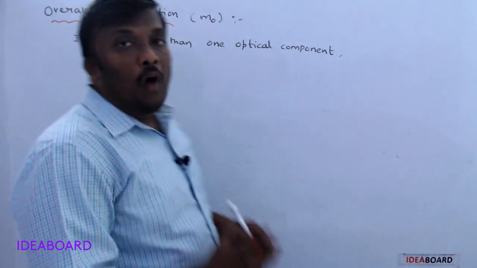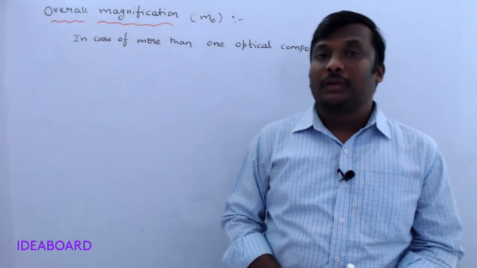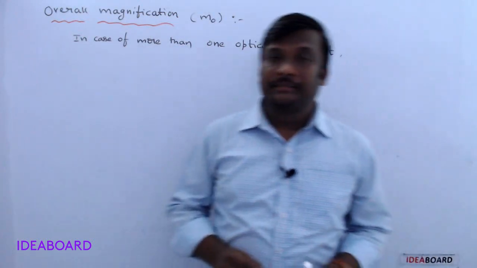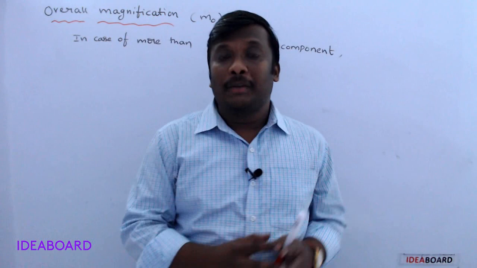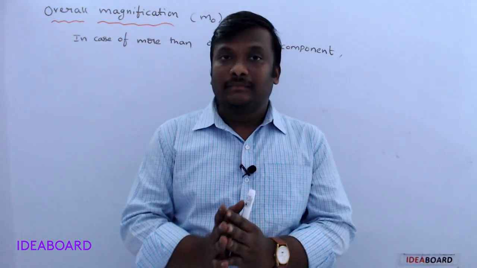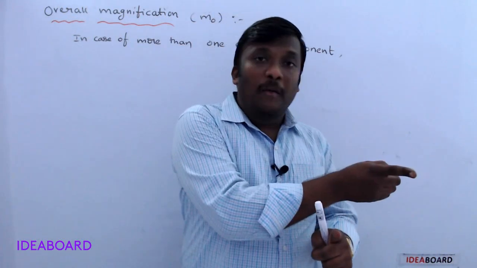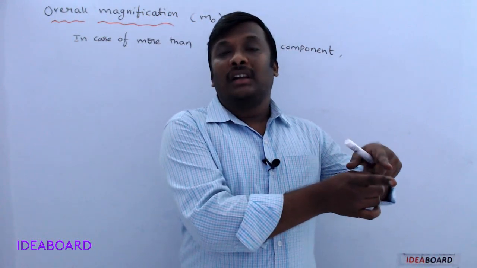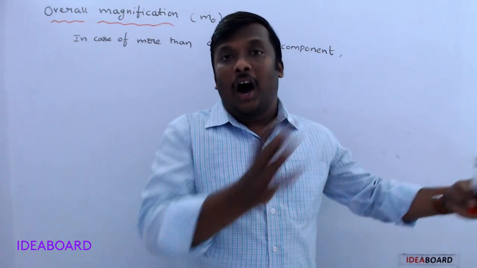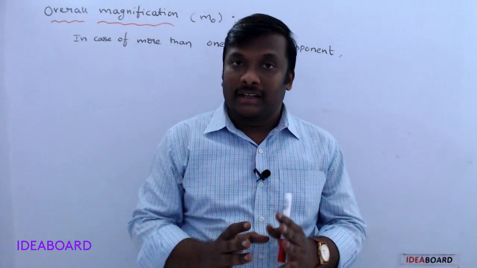So the last one is overall magnification, nothing but MO. Overall indicates the case of more than one optical component. We have several optical components, then the image of the first component acts as the object for the second component. The image of the second component acts as the object for the third component. The image of the third component acts as the object for the fourth component, and the process continues.